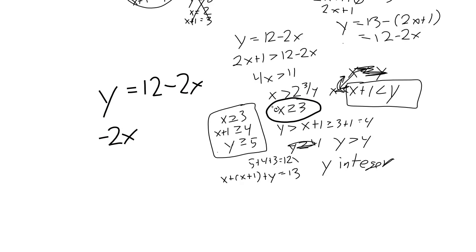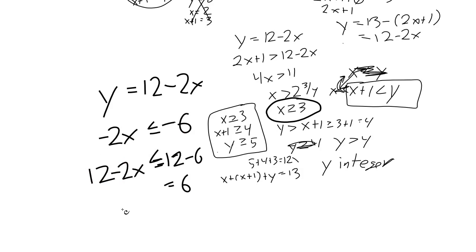If I multiply this inequality, I just called it an equation, but it's not an equation, it's an inequality, by negative 2, I've got negative 2x less than or equal to minus 6. If I add 12 to both sides, 12 minus 2x is less than or equal to 12 minus 6, which equals 6.